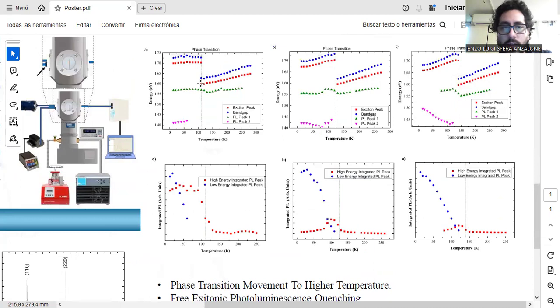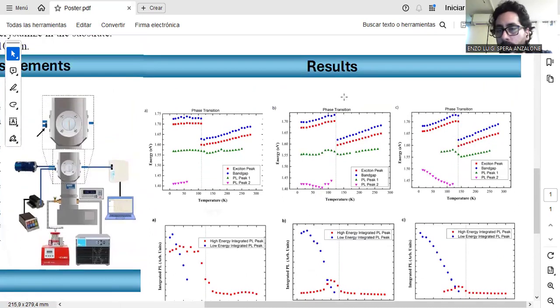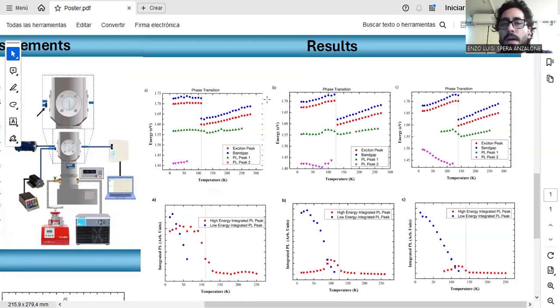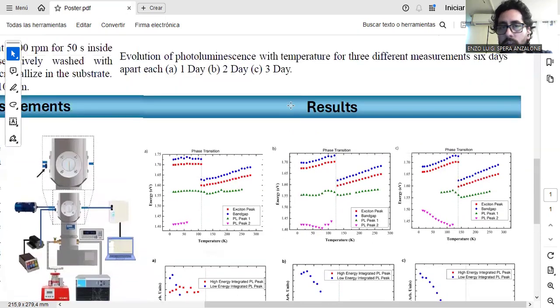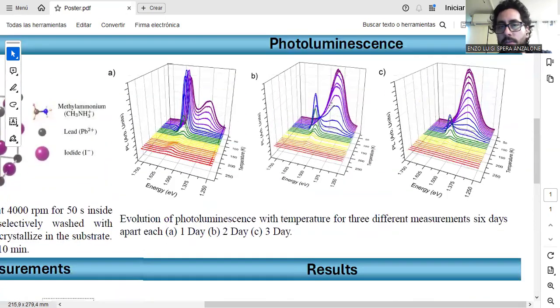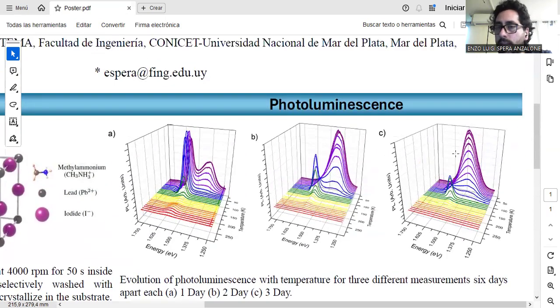As we can see here, in red and blue, the absorbance properties of the material have not changed quite a lot. This is because perovskites are known for a strong tolerance to defects, but it is possible to see in this photoluminescence measurement that these defects are changing the photoluminescence behavior.